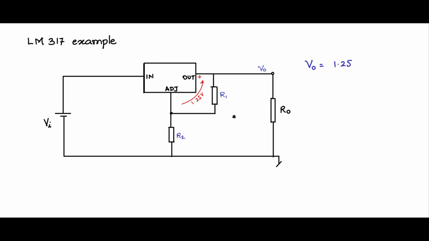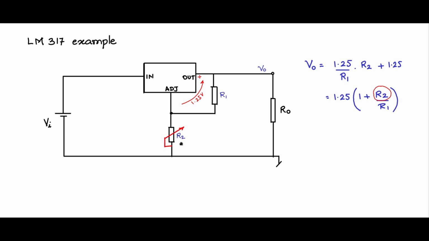So you will have 1.25 by R1 as the current flowing through R2, which gives the voltage drop across R2, plus 1.25 will be V0. So therefore V0 is equal to 1.25 into (1 plus R2 by R1). So this is the voltage relationship, and then accordingly you can choose the values of R1 and R2.